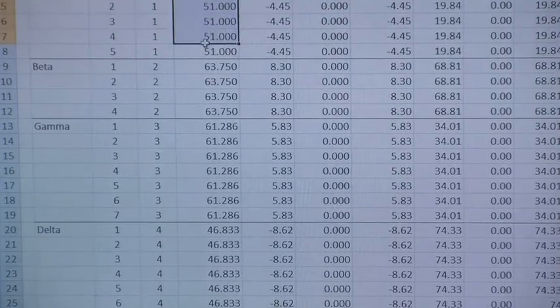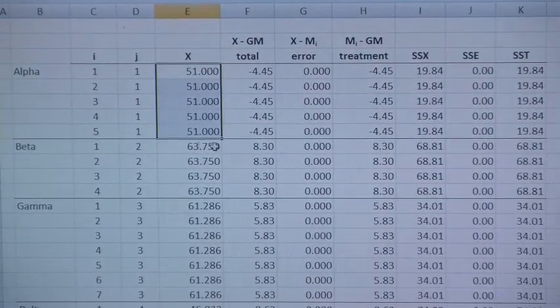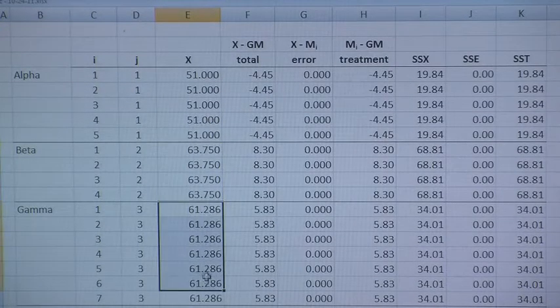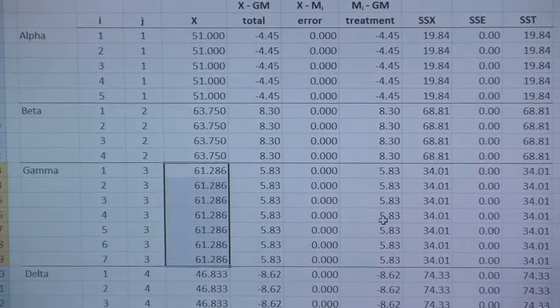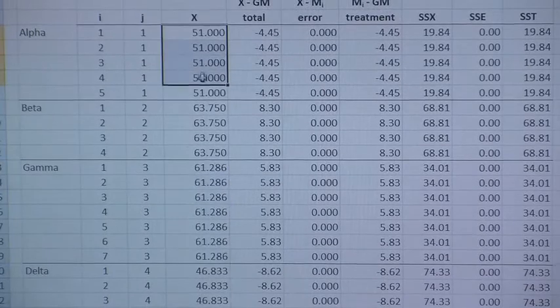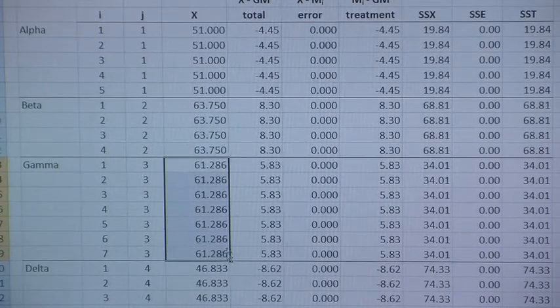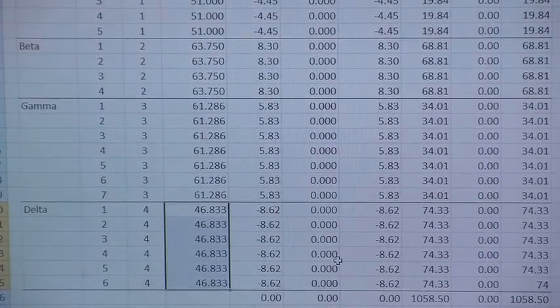All of the alpha vehicles got 51,000 miles on those tires. All of the beta vehicles got 63,750 miles. All of the gamma vehicles got 61,286 miles. So here we have no within group variance. For alpha, we have no within group variance, for beta, no within group variance, for gamma, and we have no within group variance for delta.